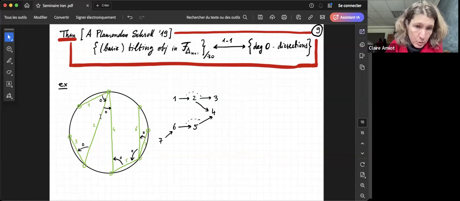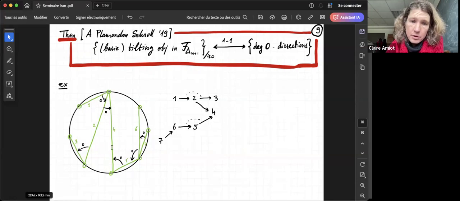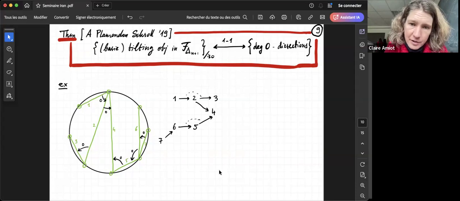I have one morphism from 2 to 4, and here the composition is not 0. And I continue like this, and I have my algebra, which is described by a quiver with relations. And this algebra is actually derived equivalent to A7 in that case.